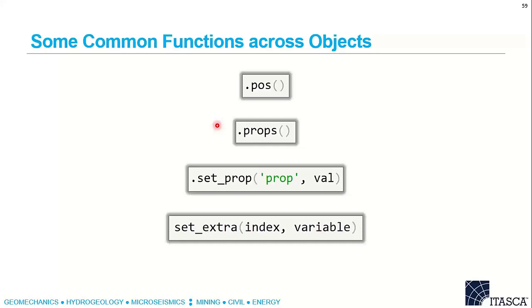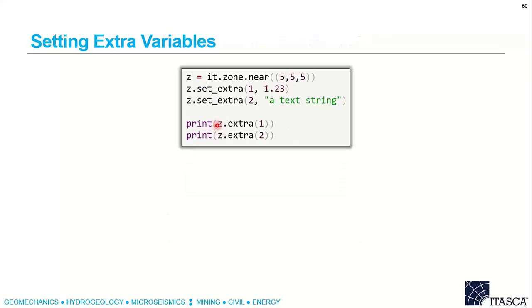As an example of that last one, here a zone is found near to a specific point, and then two extra variables are set using the set extra command. Those variables are then accessed by the .extra command, passing the index of those variables in as a parameter. And the output of that is then the different variables.